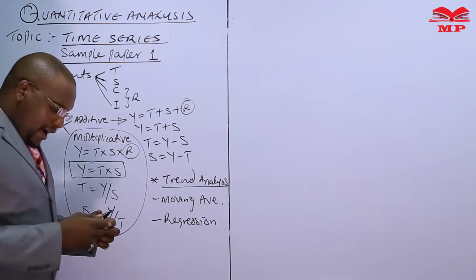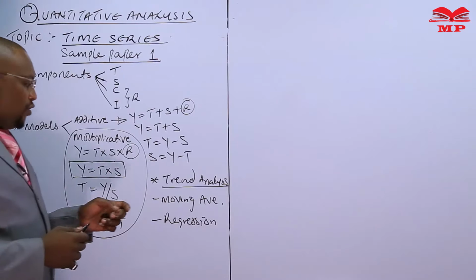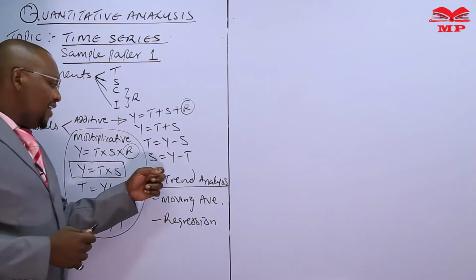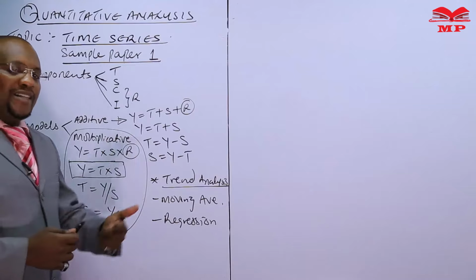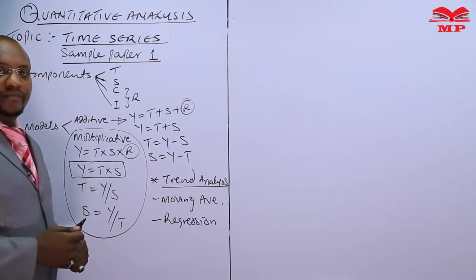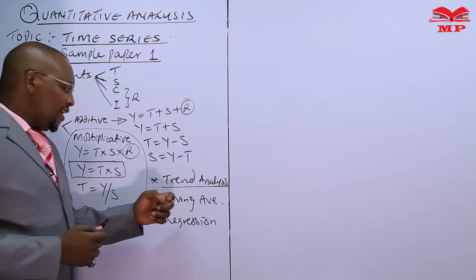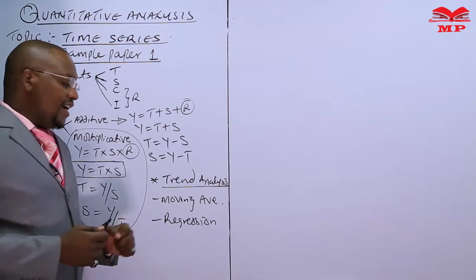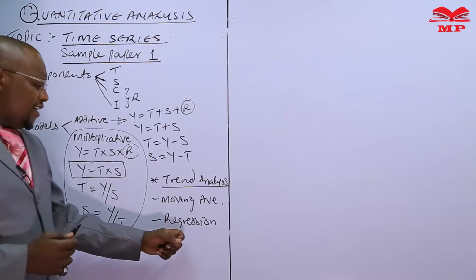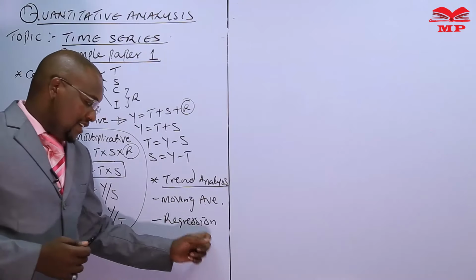I've asked that we use the moving average to fit the trend, then later we use the regression to do the forecasting. That is what I want, so that at least we'll have revised the moving average and the regression.